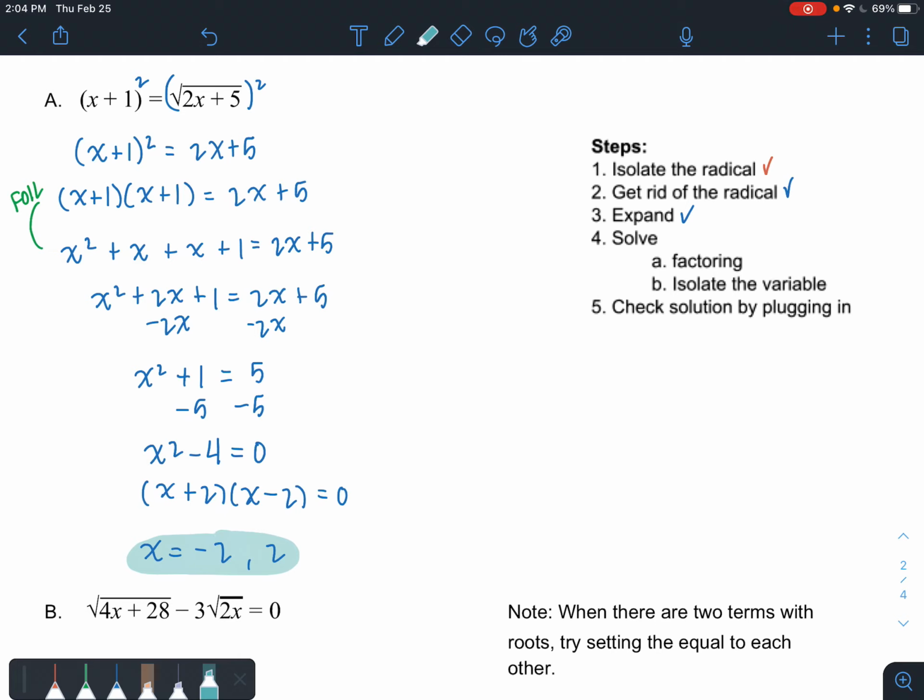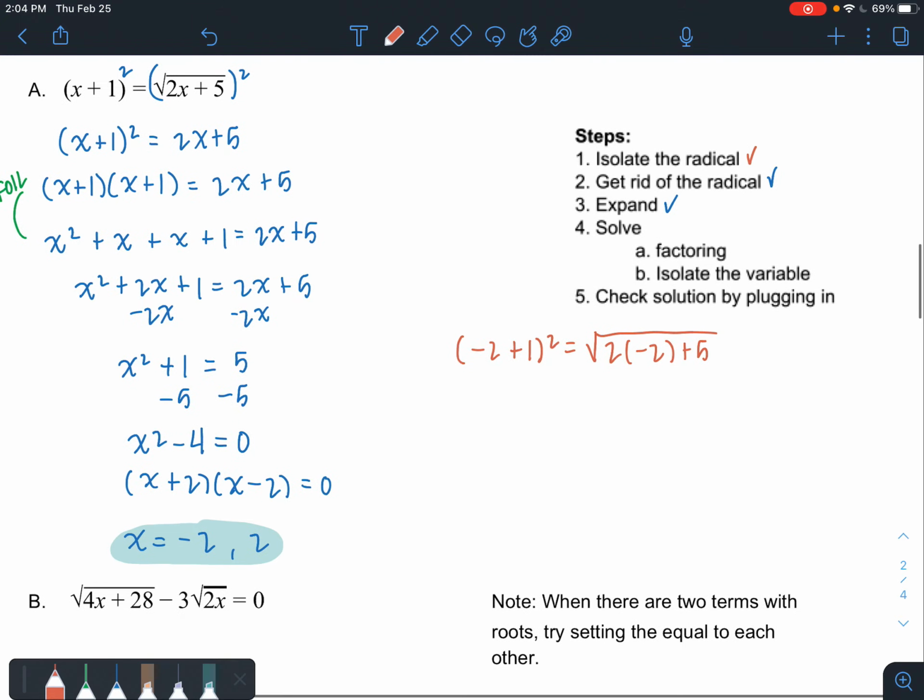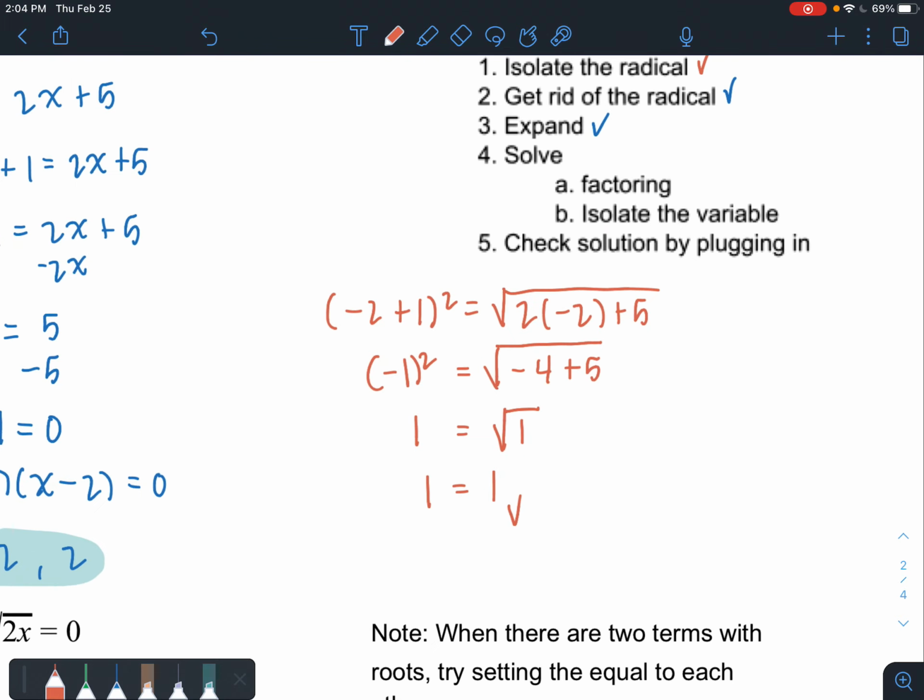Okay, we do need to check those solutions by plugging them back in. So I'm going to do x plus 1 equals the square root of 2 times negative 2 plus 5. So we have negative 1 equals the square root of negative 4 plus 5. Negative 1 squared is 1, and square root of 1 is also 1, so we are good there.